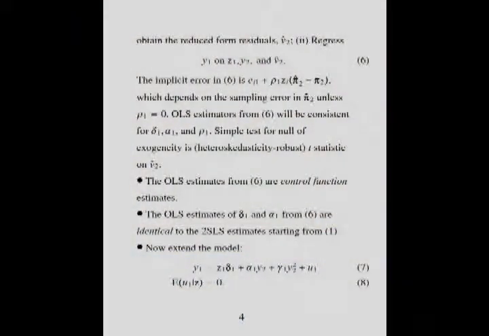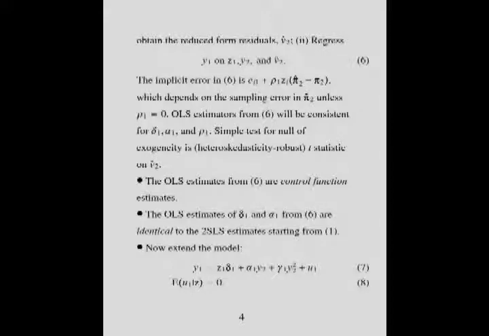Okay. Now, to implement this, we need to do a two-step procedure, and the first step is to estimate the reduced form, just like you do with two-stage least squares, at least in the background, if you are thinking of it that way. And then in the second step, you just add the V2 hats as a regressor. Standard results on two-step estimation tell you that this is going to be consistent.